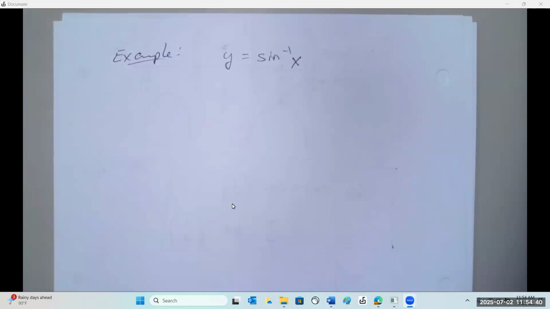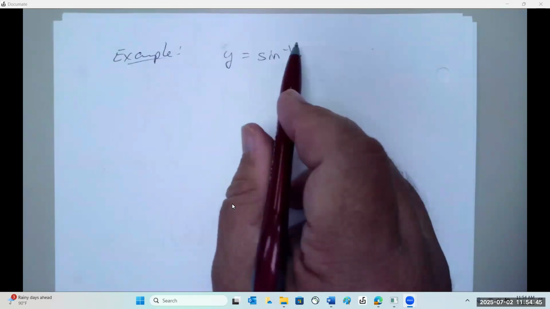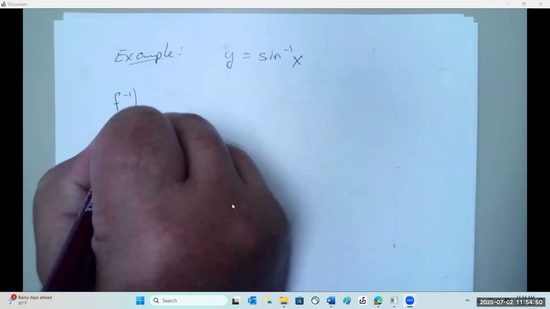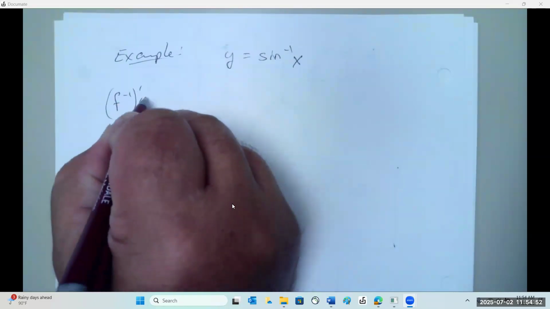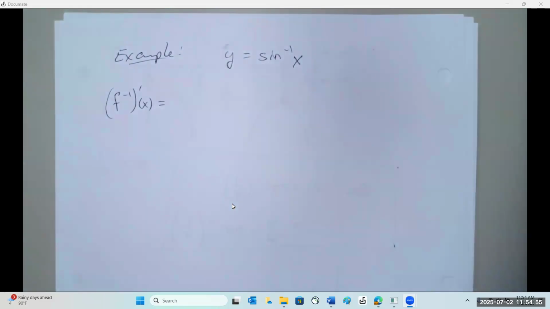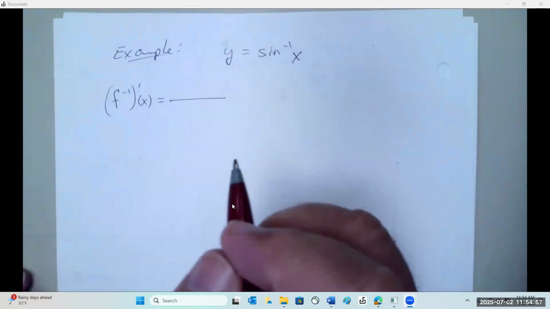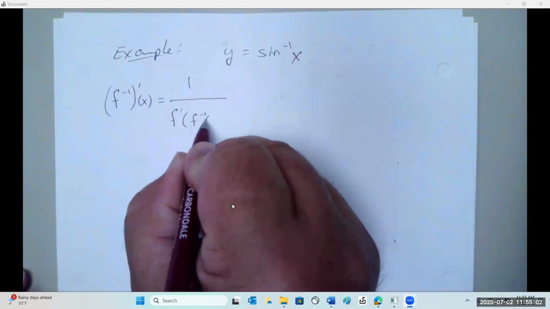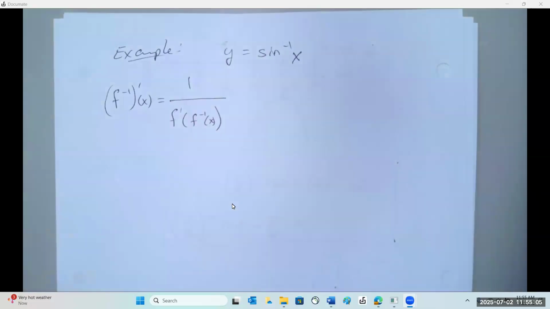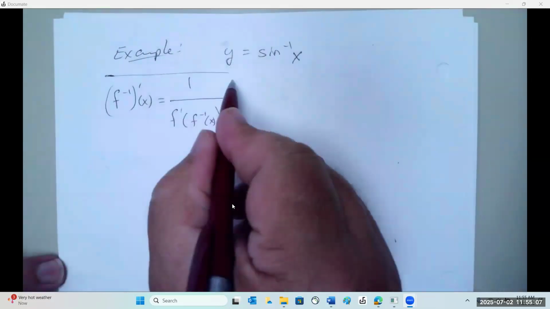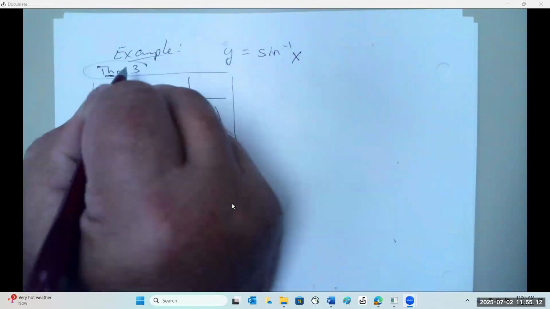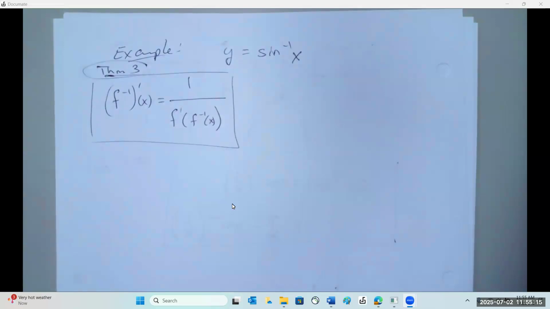Remember last section, theorem 3, the formula we used? Since we're looking at inverse functions, we're trying to find derivatives of them. Remember what we did last section? The formula we used: 1 over f prime of f inverse of x. This is actually called theorem 3. We're going to use that a lot in this section.